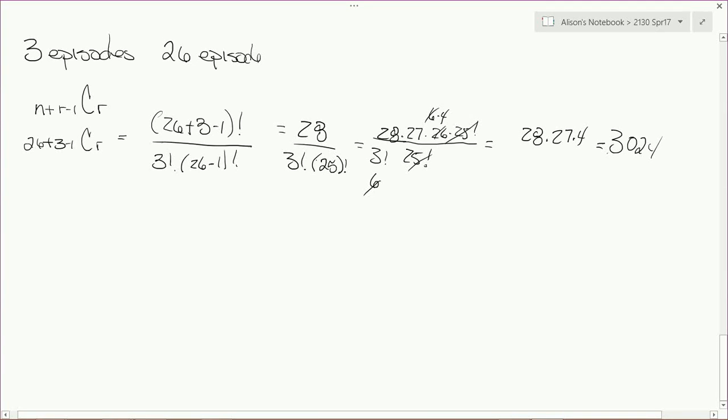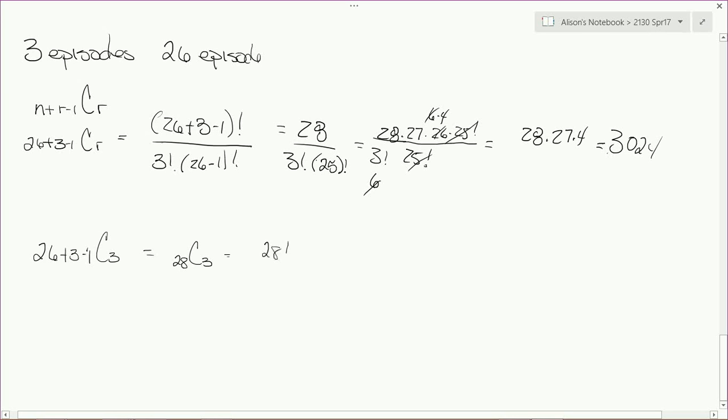A shortcut way to do this, if I'm going to take 26 plus 3 minus 1, choose 3. Another way that I can do this is to take the 26 plus 3 minus 1 and turn that into 28. So that would actually be 28, choose 3, and then I could build it the way that I normally do.